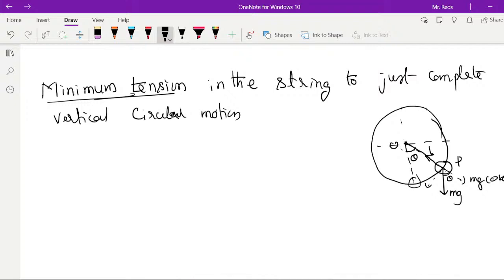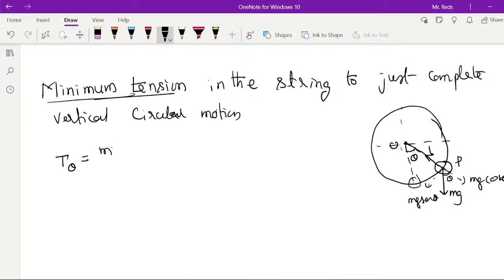But as we want to find the tension at any angle theta, we have to understand that at any arbitrary point, centripetal force is this minus this. So tension at this angle theta can be taken as T, actually T minus mg cos theta equal to mv square by r. Therefore T at theta is equal to mv square by r plus mg cos theta.